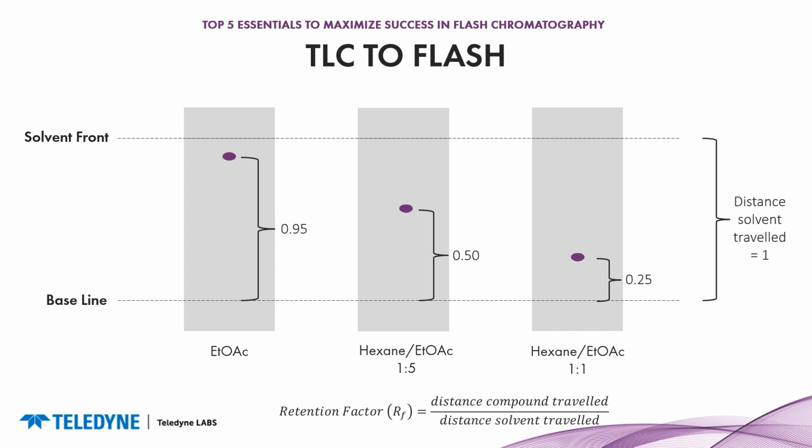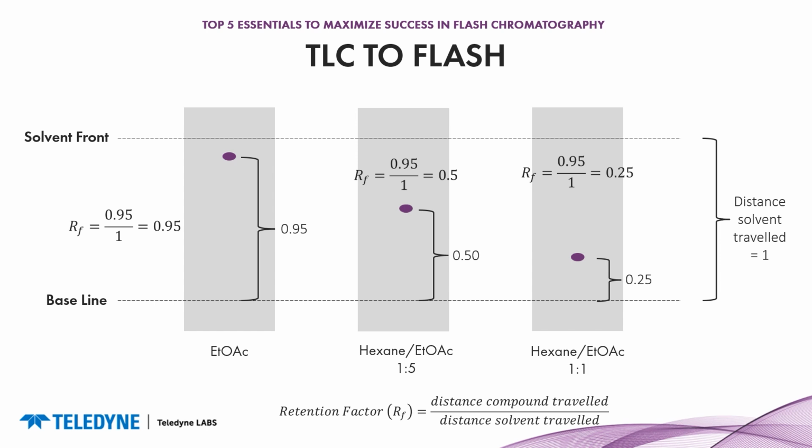So we can plug these numbers into our equation to determine the retention factor. So for the left one, we're going to get a 0.95 retention factor. The one in the middle is going to be a 0.5 retention factor. And then the one on the right is going to be a 0.25 retention factor. So the compound of interest on the solvent system on the left really liked the mobile phase.